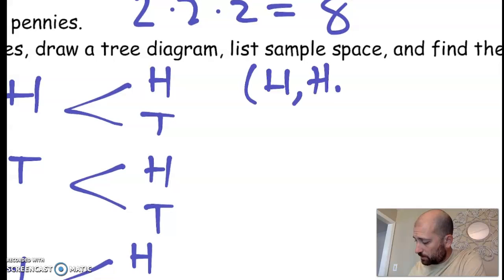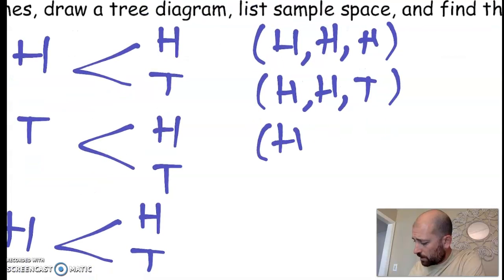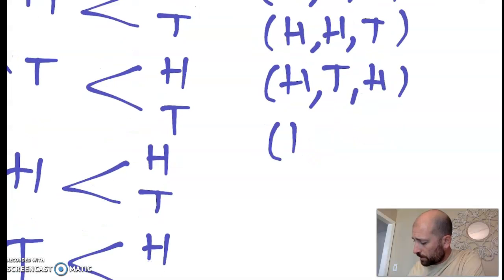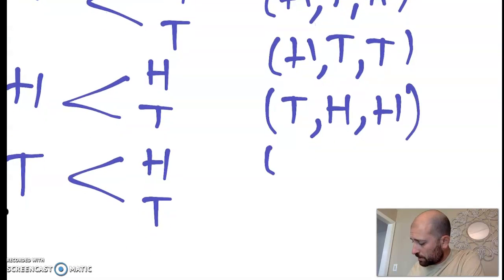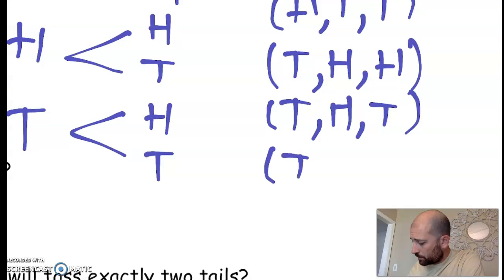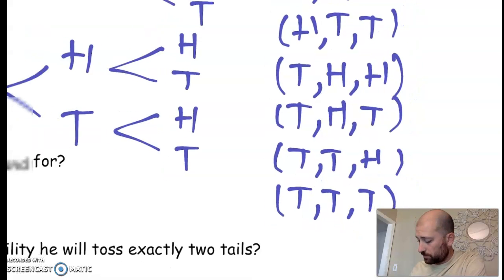That was heads, heads, heads, then heads, heads, tails, heads, tails, heads, heads, tails, tails, and tails, heads, heads, tails, heads, tails, finally tails, tails, heads, and then tails, tails, tails.